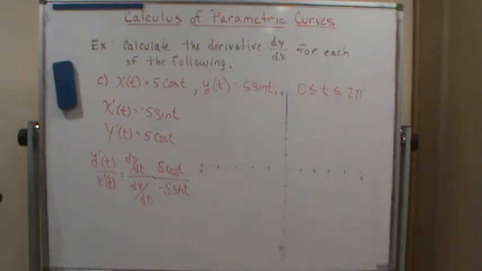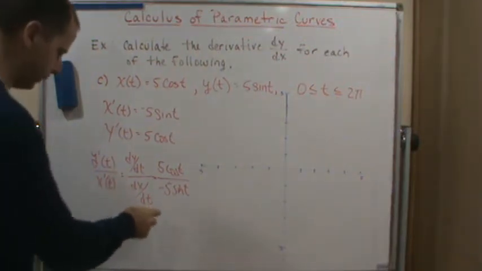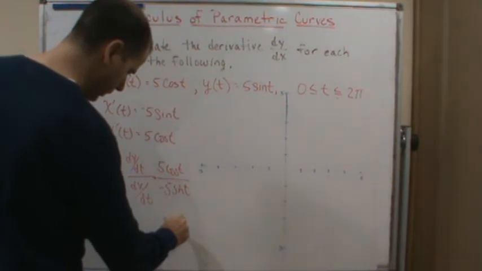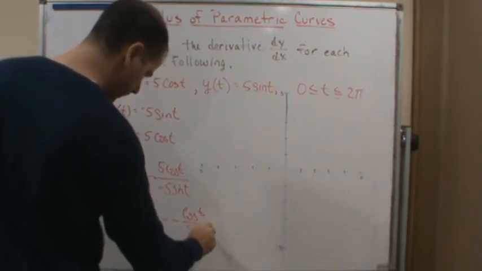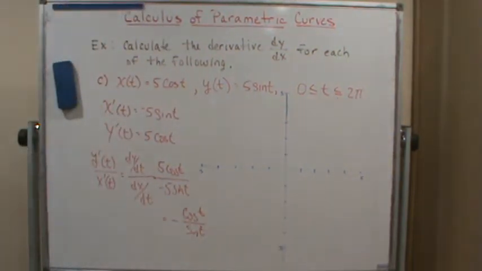And so what do we get with that? So we've got a ratio, so we need to just find where the critical values are, right? So this is going to turn out to be negative cosine t over sine t. Okay?